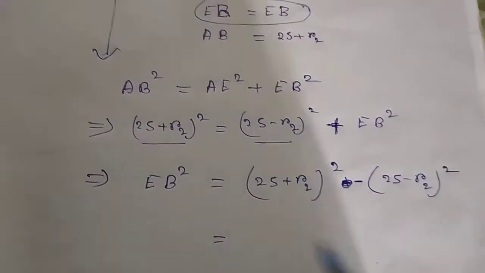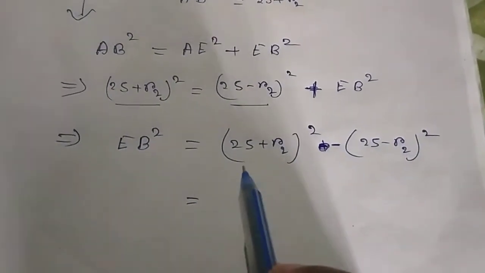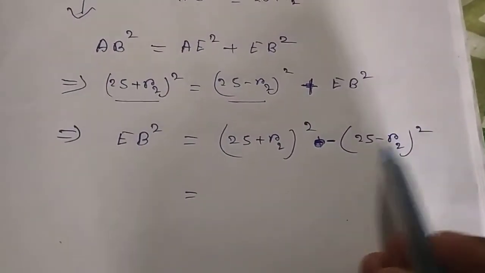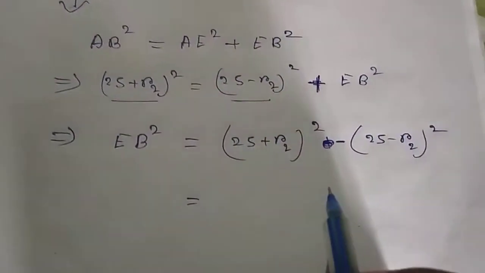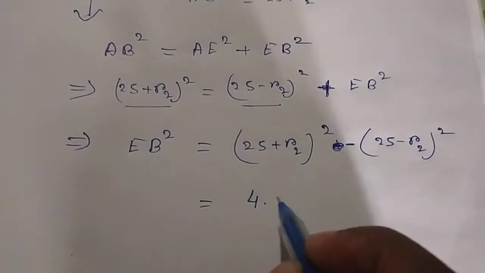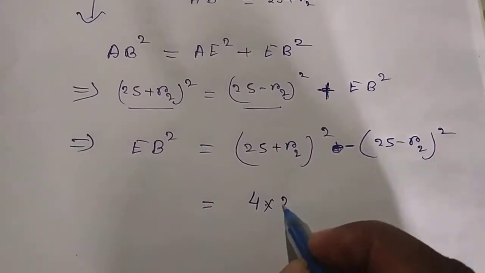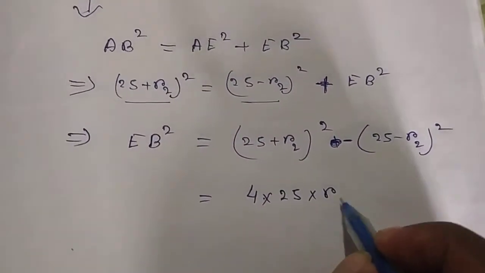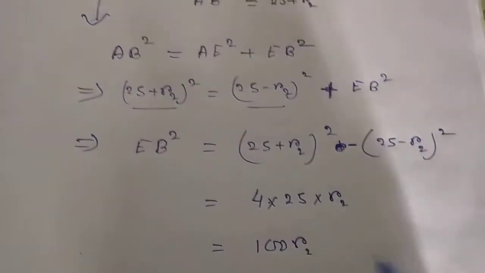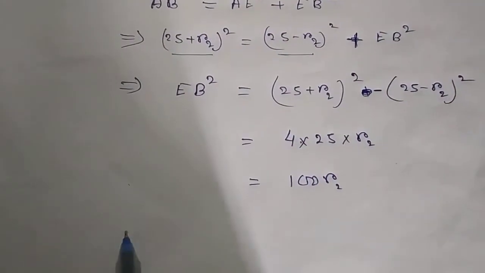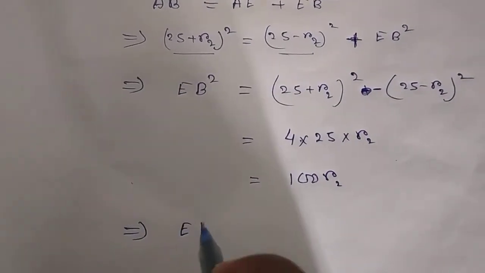Now you can compare it with (a + b) whole square minus (a - b) whole square, which is nothing but 4ab. So what is a? a is 25. What is b? b is R2. So I am getting here 100 R2. Now what is EB then?